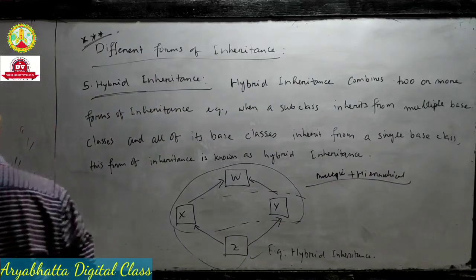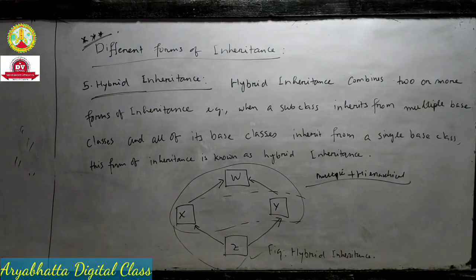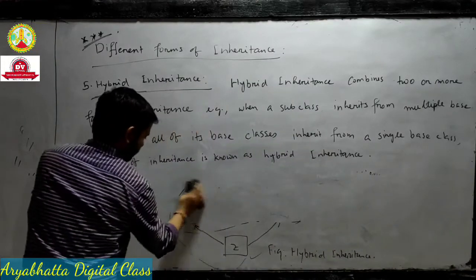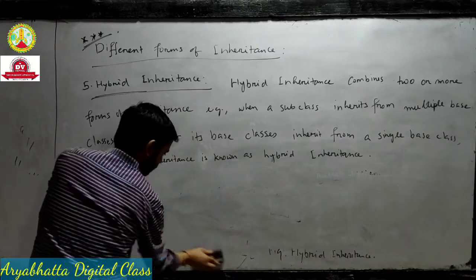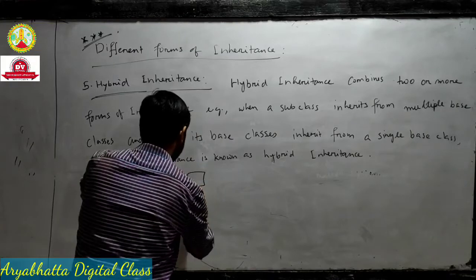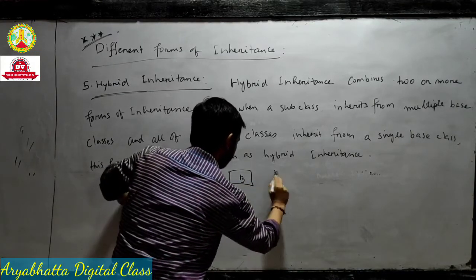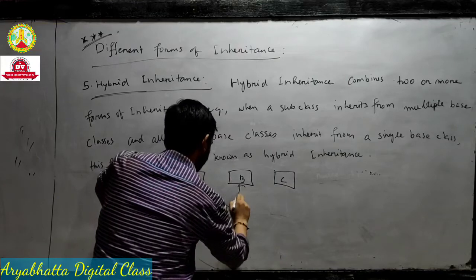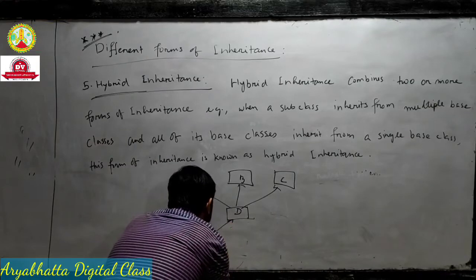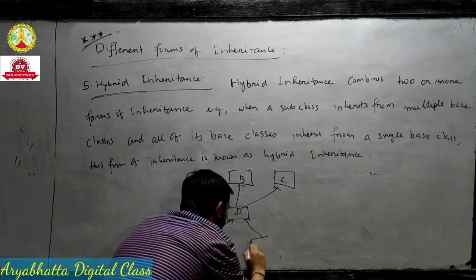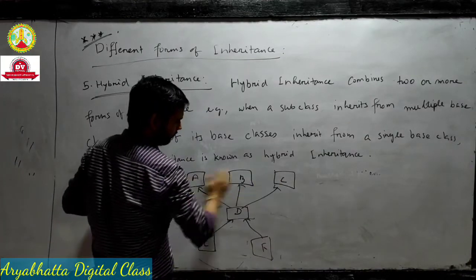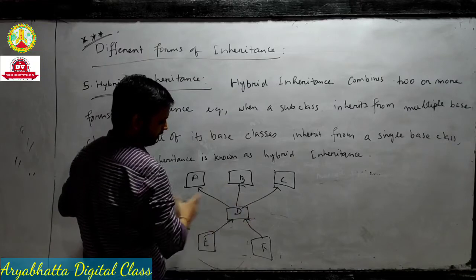Okay? And also one diagram. Also you can draw one diagram that I draw. One diagram is enough, but also you can draw Okay, in here you also see three base classes and one derived class.